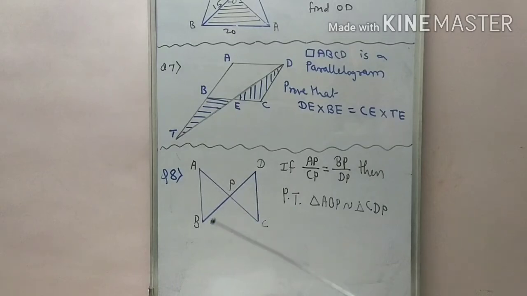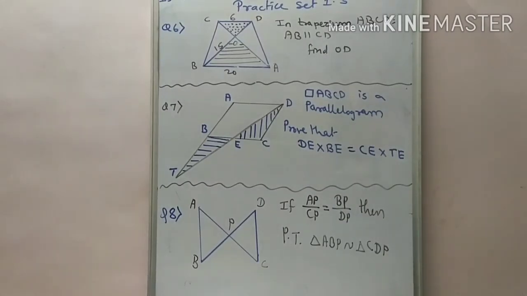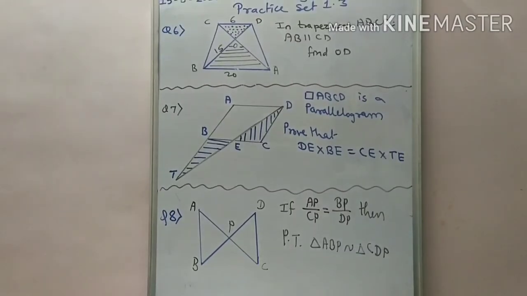Yes, angle APB is congruent with angle DPC, vertically opposite angles. So this given part says that the ratio of corresponding sides is the same, means the sides are in proportion, and the included angle is congruent. So by which test? Of course by SAS test we can say the two triangles are similar. So an example like this is also asked in exam for 2-3 marks. Okay, so try to solve these examples as your homework, students. And now we try for the last one, the 9th example.